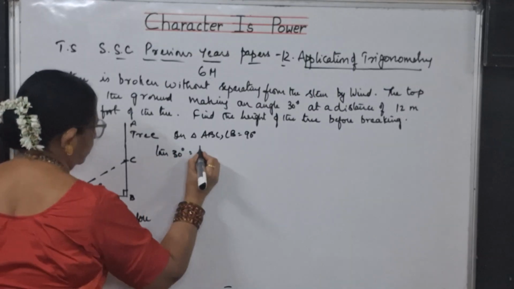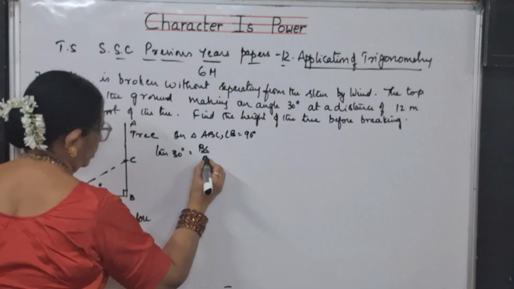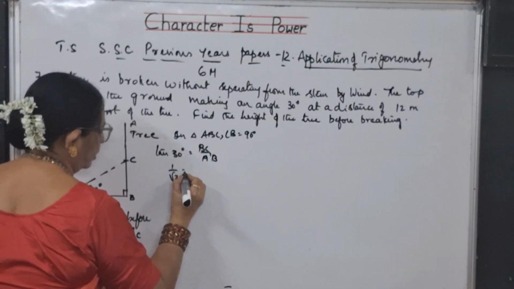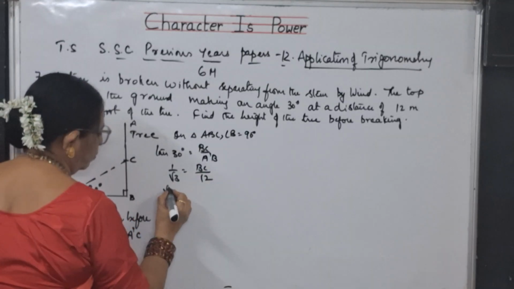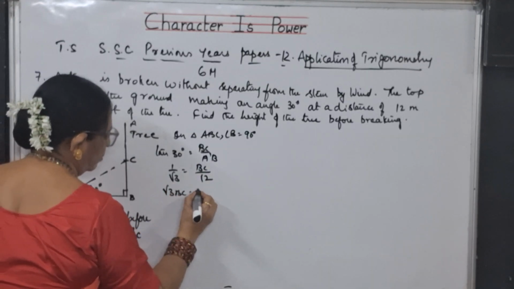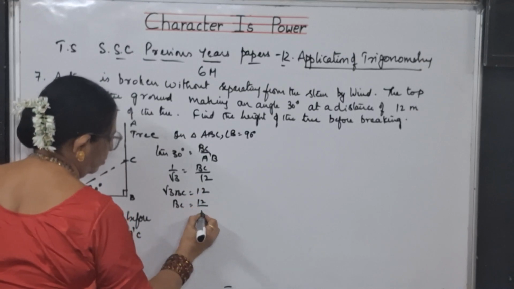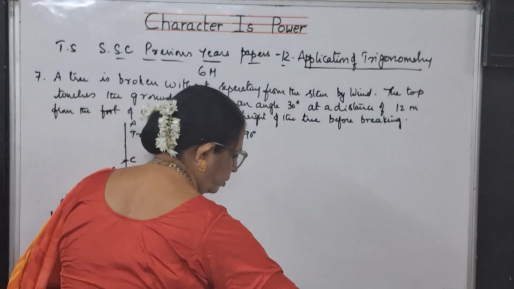Tan 30 degrees is BC by A dash B. Tan 30 is 1 by root 3, equal to BC by 12. So root 3 BC is equal to 12. BC is equal to 12 by root 3.